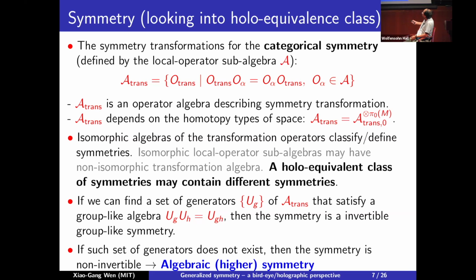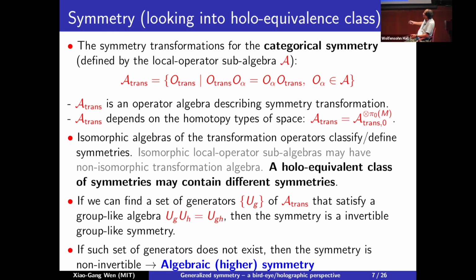Here the symmetry transformations also form an algebra. The operators for the symmetry transformation, which commute with all the operators in the local operator subalgebra, are the commutant of the local operator subalgebra. And those transformation operators also form an algebra. Okay, so now we're using a more traditional point of view, using the symmetry transformation algebra to describe symmetry.